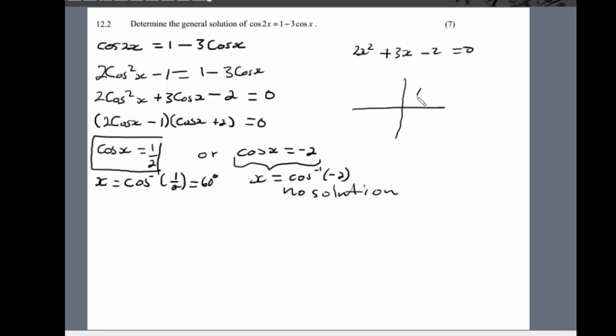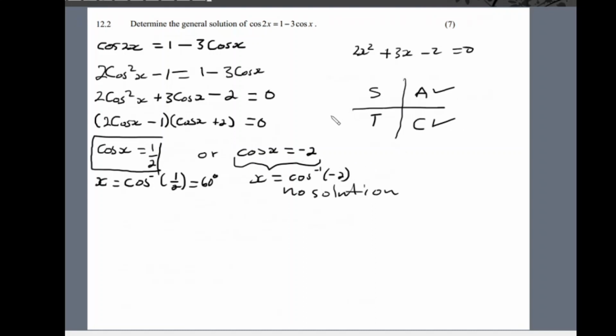Remember from your CAST diagram that in the first quadrant, all the ratios are positive, second quadrant only sine, third quadrant only tan, and then the fourth quadrant only cos is positive. So we want the angle in the quadrants where cos is positive, right? Cos is positive in the first quadrant and in the fourth quadrant, right?